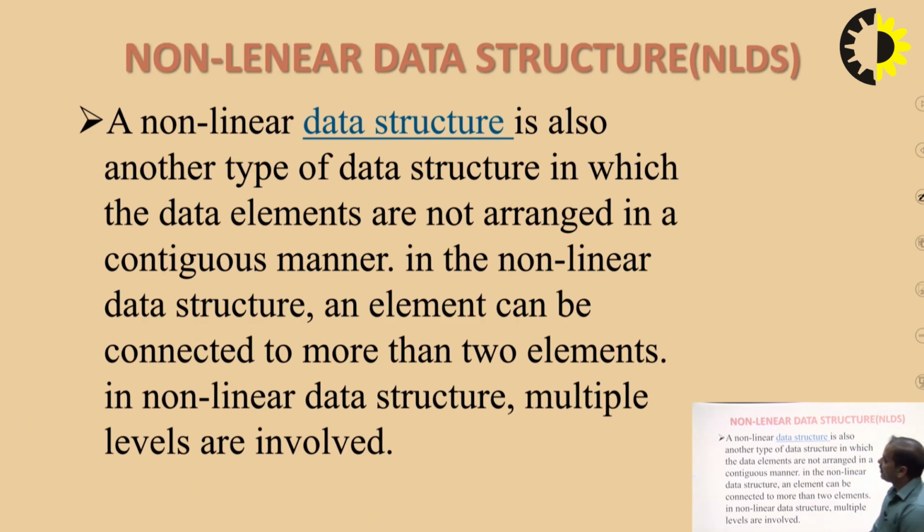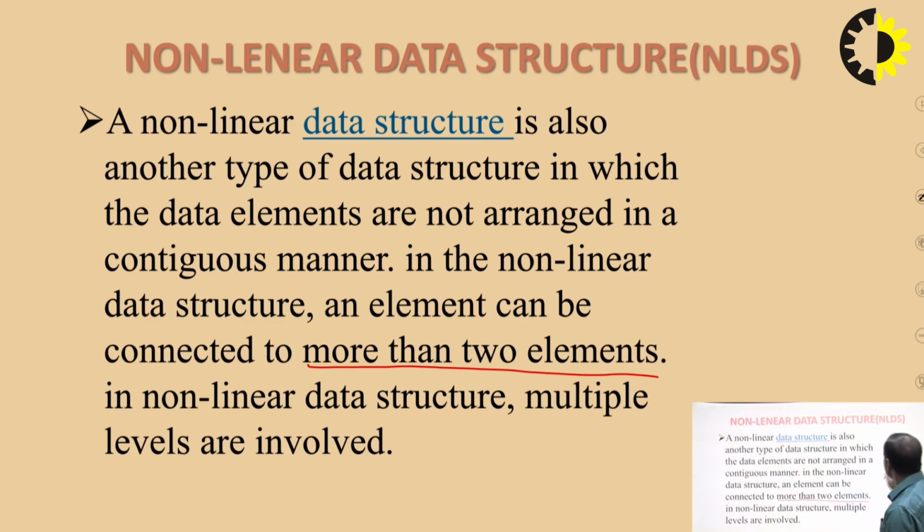And this is the non-linear data structure. A non-linear data structure is another type of data structure in which the data elements are not stored or arranged in a contiguous manner. In a non-linear data structure, an element can be connected to more than two elements. In a non-linear data structure, multiple levels are involved. There are mainly two differences. The first is that elements are stored in more than one level.